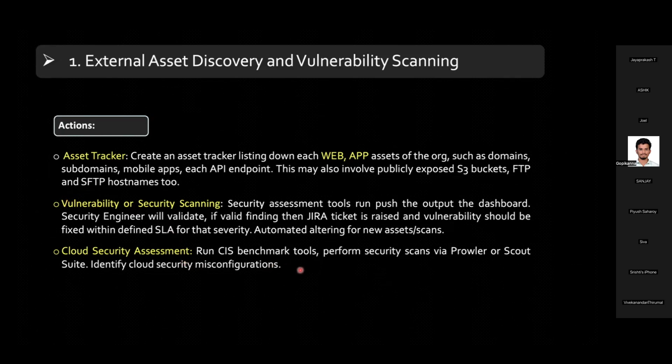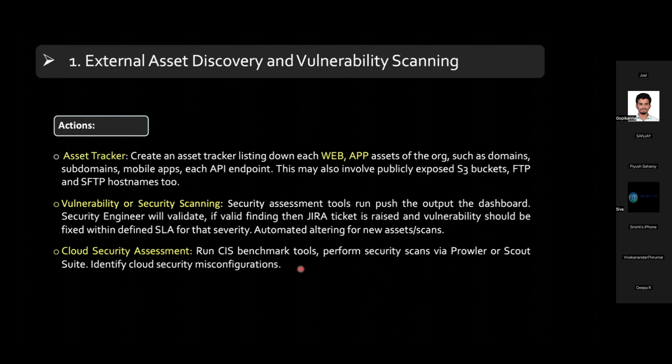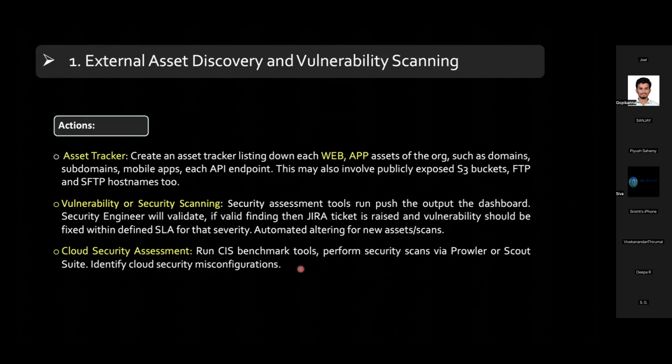And then if you have cloud assets, you can run CIS benchmark, or you run open source tools such as Prowler, Scout Suite to generally perform an asset tracking or asset discovery of your cloud assets, and run certain automated tools, including CIS benchmarking. And you also identify cloud security misconfigurations, and you also try to address those.